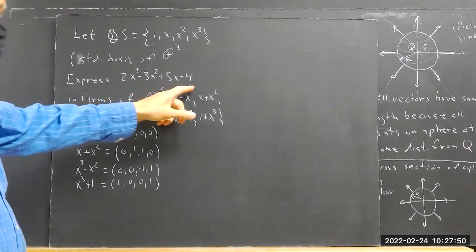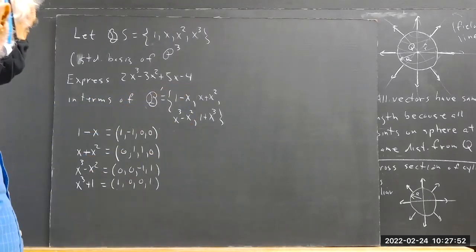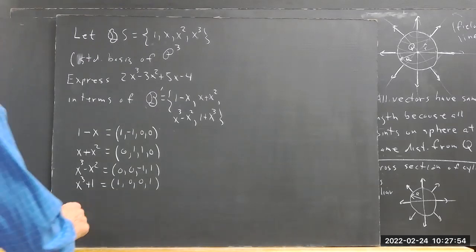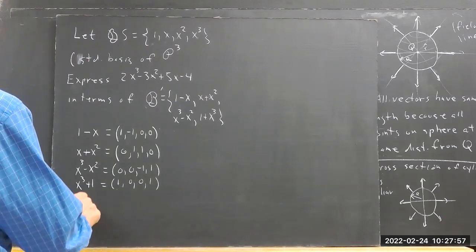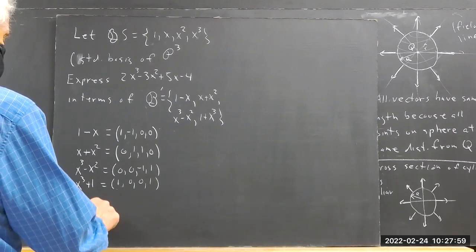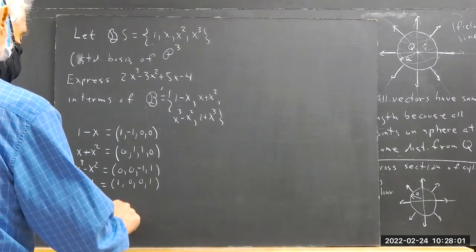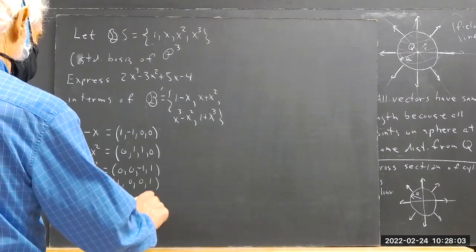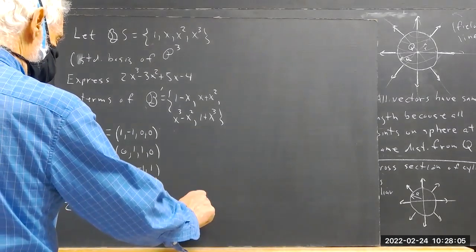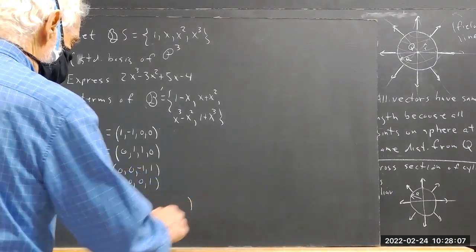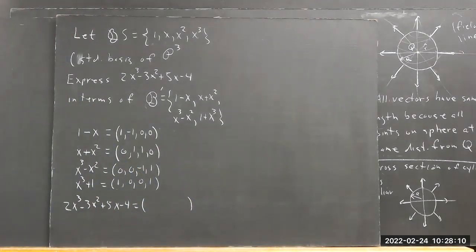So what would this polynomial be? Write that down, 2x cubed minus 3x squared plus 5x minus 4 equals what?